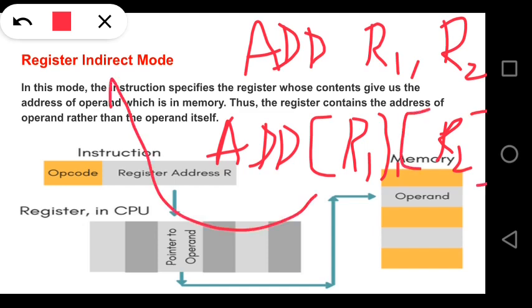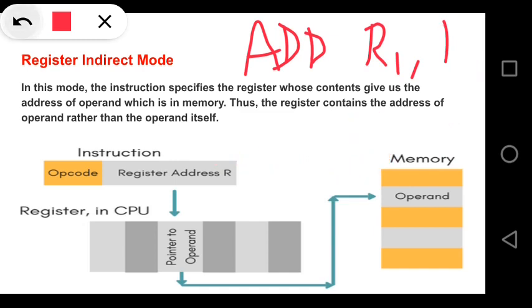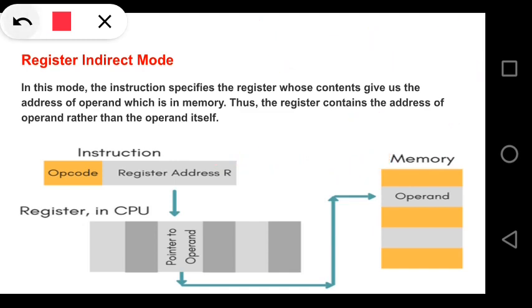With these square brackets we understand that the register doesn't contain the actual value of an operand, rather it contains the address of an operand. This is one notation, one way of mentioning it. But how does the control unit identify this? The control unit identifies it with a special field within the instruction that is called the addressing mode bits.